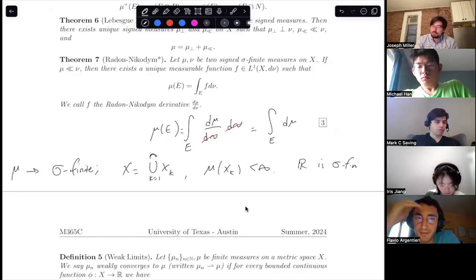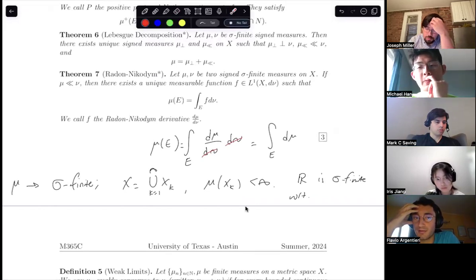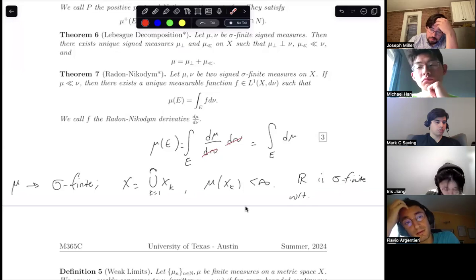But then is f in the theorem still integrable if mu of X is infinity? Let me see. If mu of the whole space is infinity, then this guy, because I remember that f should be integrable if mu and nu are both finite.